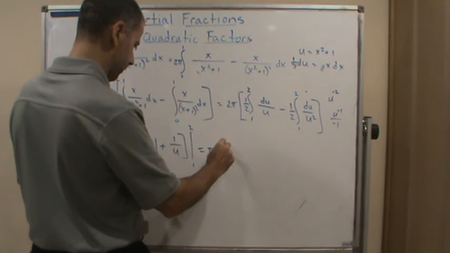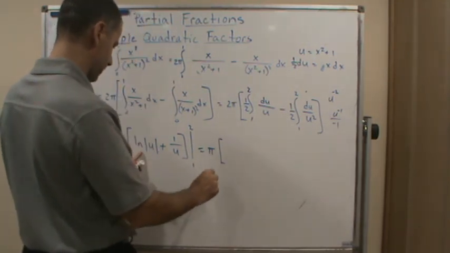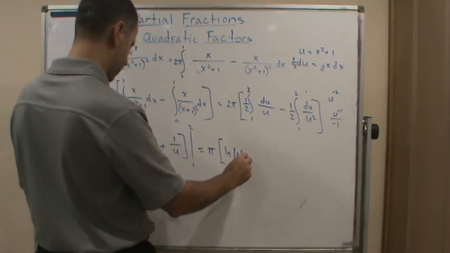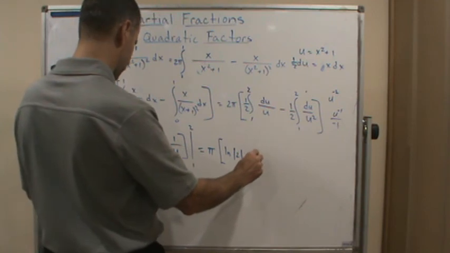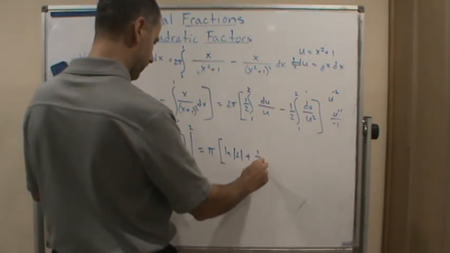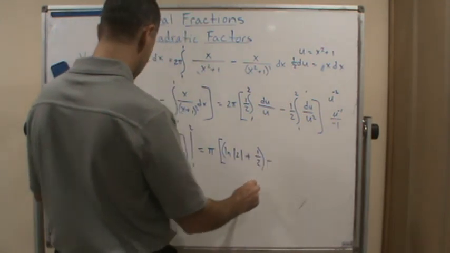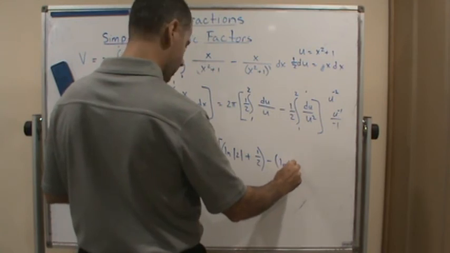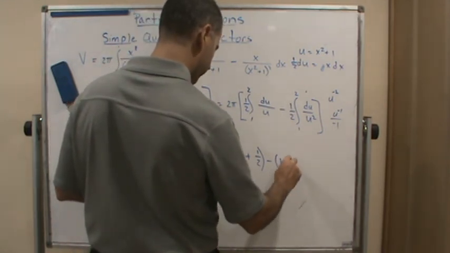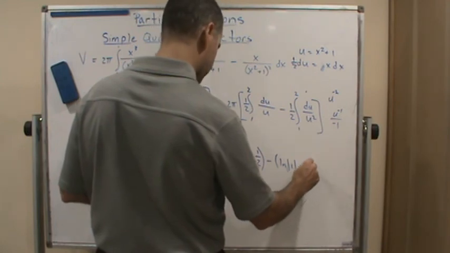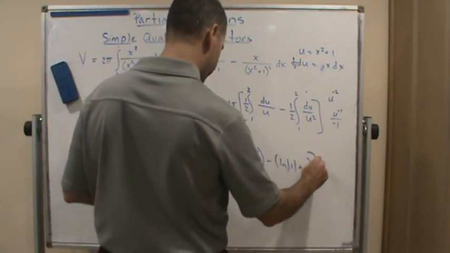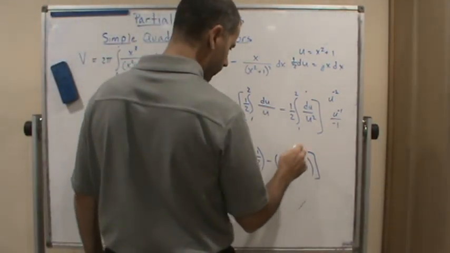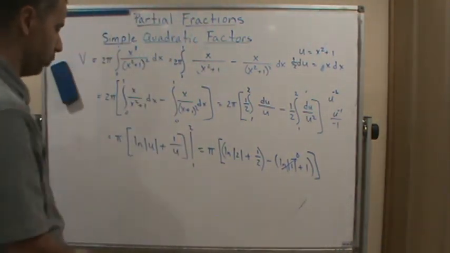So we get pi times, at 2 we get the natural log of the absolute value of 2 plus 1/2 minus the natural log of 1 plus 1. Well, the natural log of 1 is 0, so we just get 1 there. So we're getting minus 1.